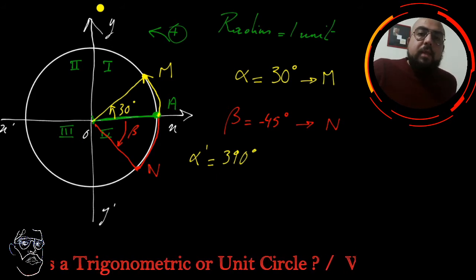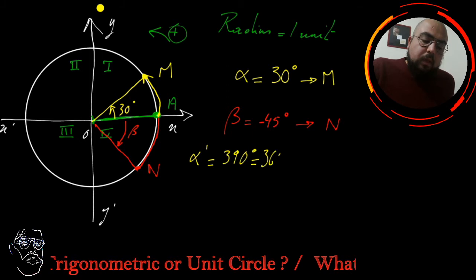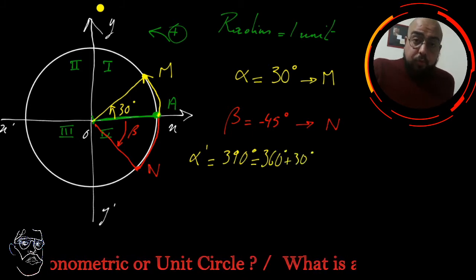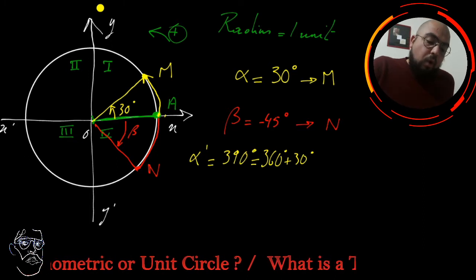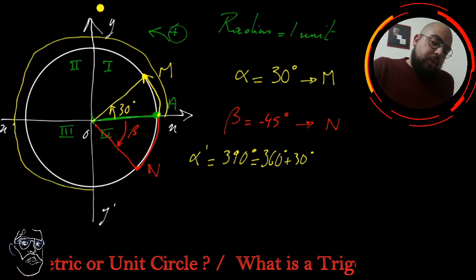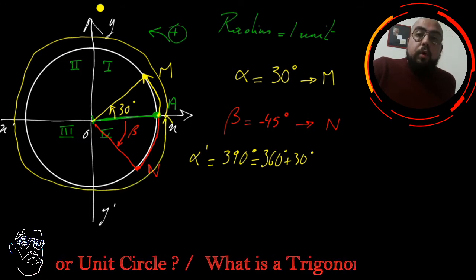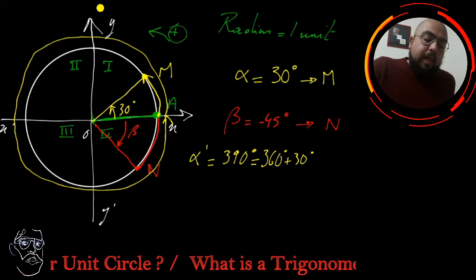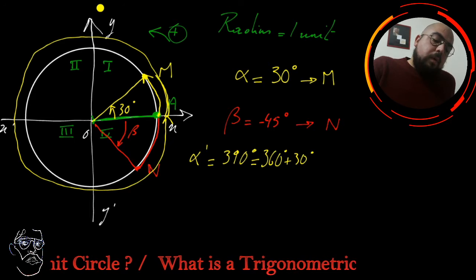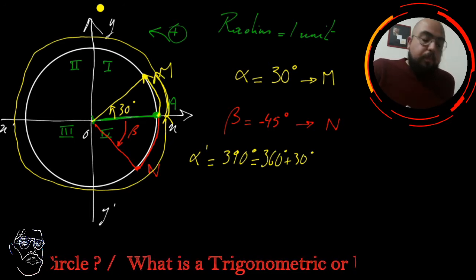Now 390 degrees is actually the sum of 360 degrees plus 30 degrees. 360 degrees is the whole revolution. So I'm starting from point A, I'm reaching point A. This is how I did the whole revolution of 360 degrees. And then from point A, I'm having an angle of 30 degrees. Of course, it's going to get me to the point M.